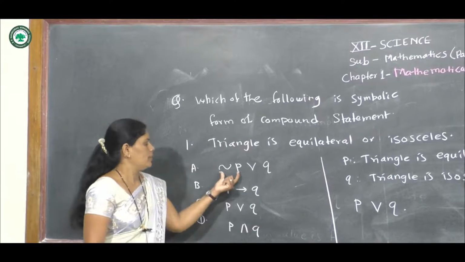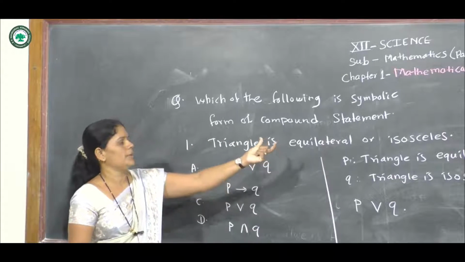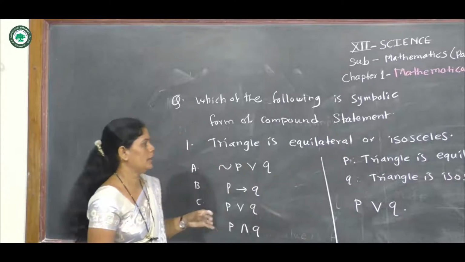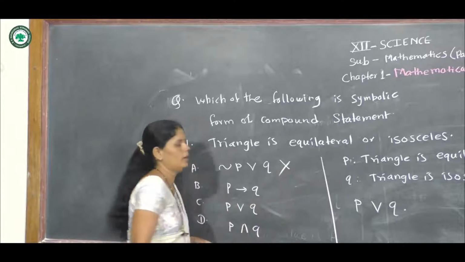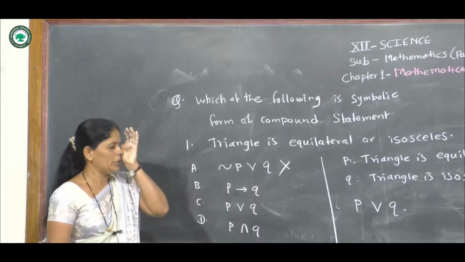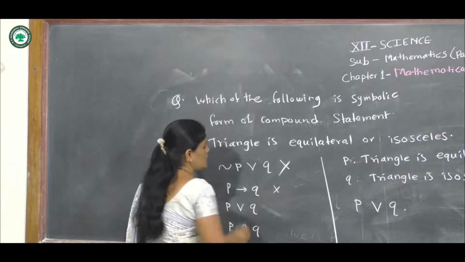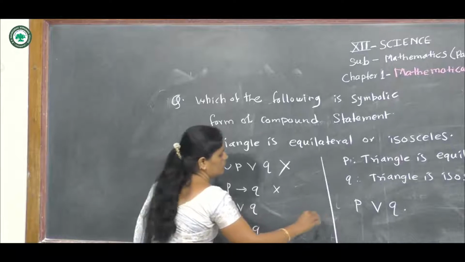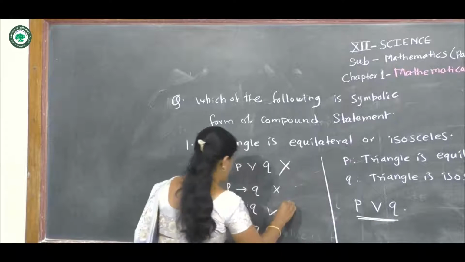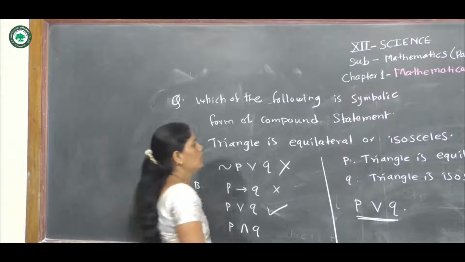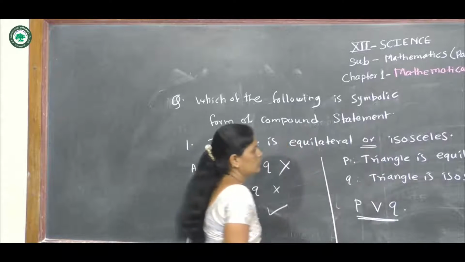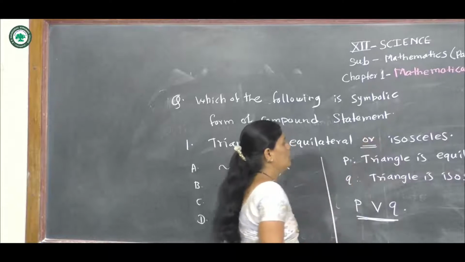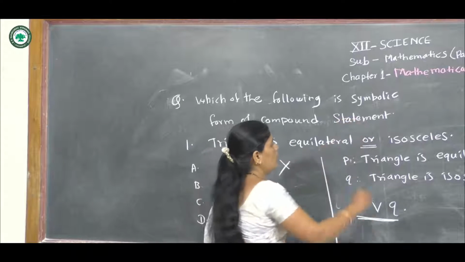First option, negation of P: there is no negation of "triangle is equilateral"; it is our statement itself, so this option is not correct. P implies Q is if-then, which is not used in this example. P or Q is the correct option. P and Q would be a conjunction, but here we use the disjunction, a combination of two sentences with the word "or".